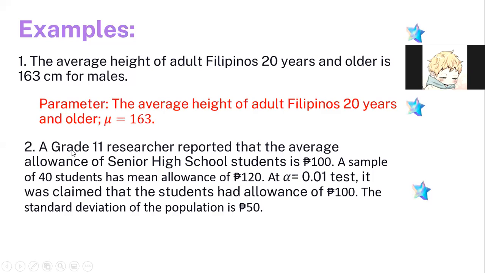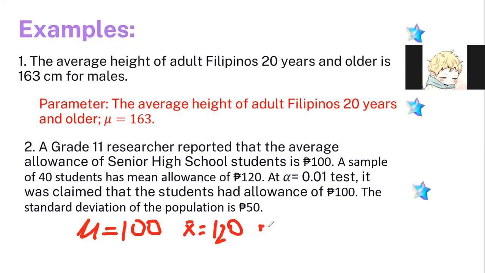Second example, a grade 11 researcher reported that the average allowance of senior high school is 100. So what is this? The population mean. Mu equals 100. Then what else? What is this 120? Yan, the sample mean, 120.